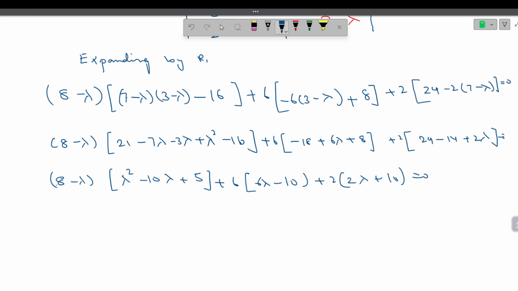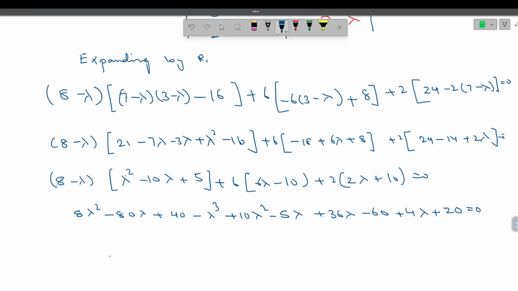Now expanding: 8 into lambda square minus 80 lambda plus 8 fives are 40, minus lambda into lambda square is lambda cube, minus into minus plus 10 lambda square minus 5 lambda, plus 36 lambda minus 60, plus 4 lambda plus 20, should be equal to 0.